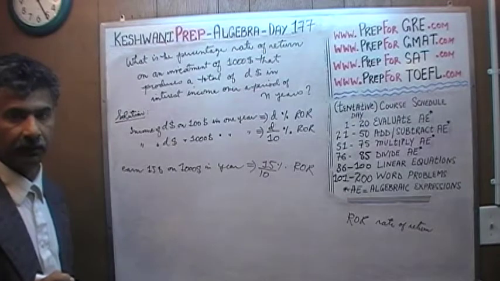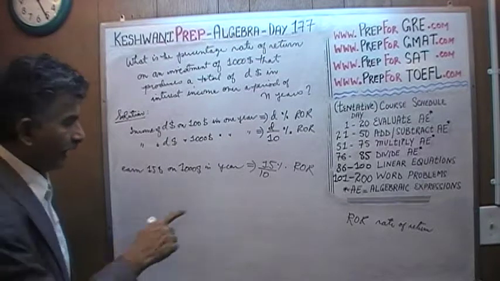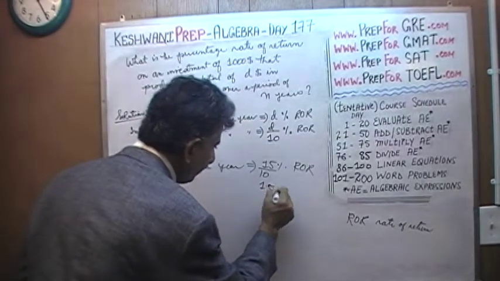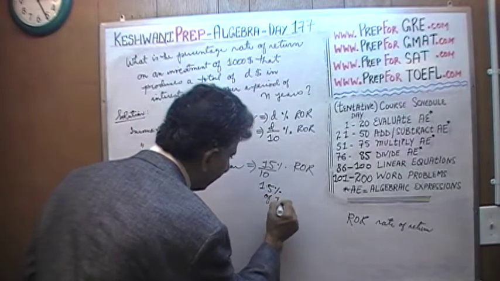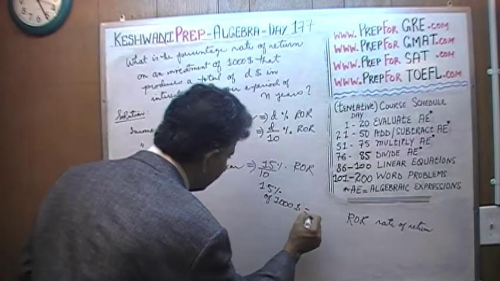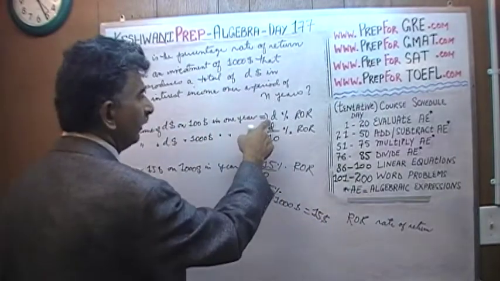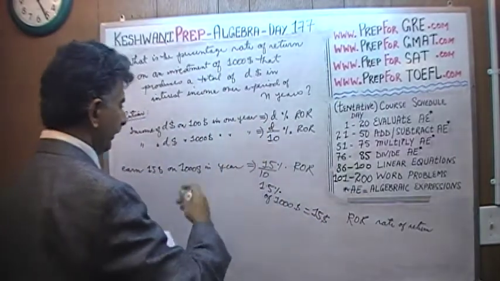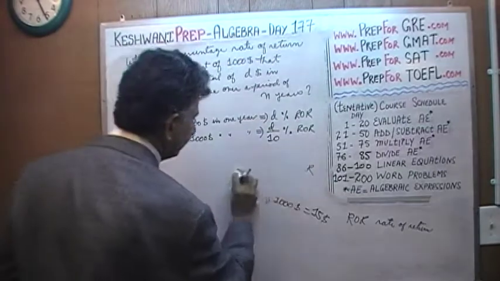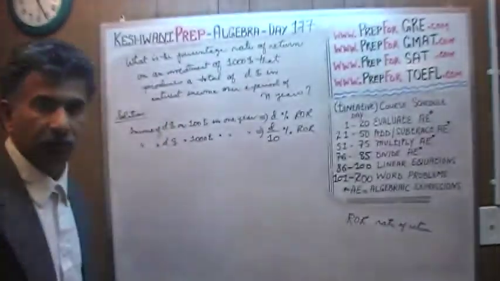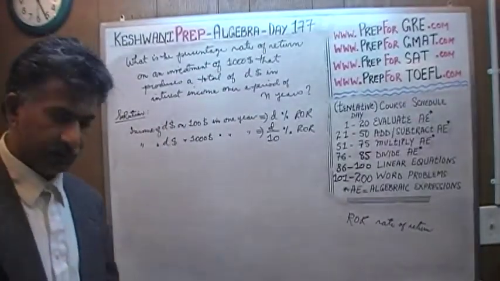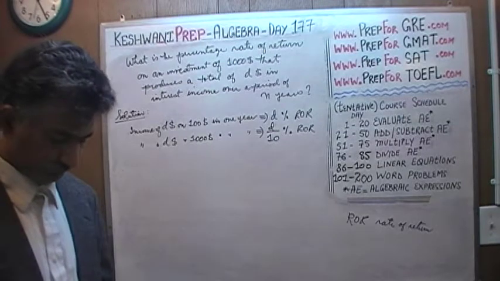Instead of 15%, it will be 1.5%, because 1.5% of $1,000 equals your $15. So that's what it is. Before it was D%, now it is D over 10. Let's carry on then. You have to build your logic, your argument step by step.